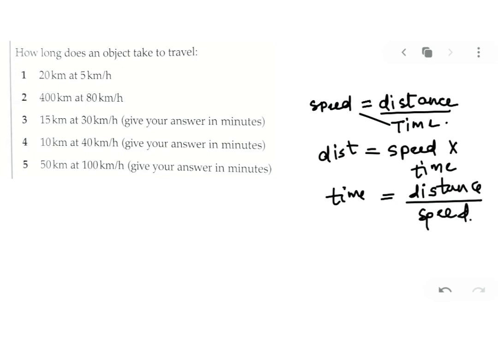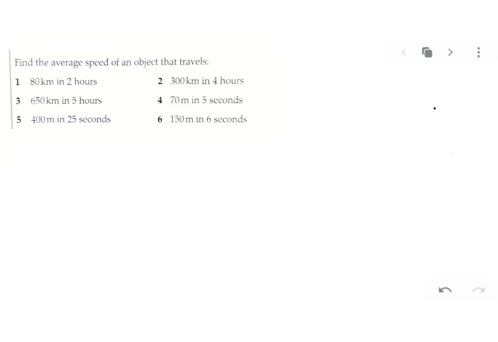Okay, shall we start with our problem number 1? Your problem number 1 says find the average speed of an object that travels 80 kilometers in 2 hours. So you have to find average speed. That means speed. Speed is equal to distance upon time.